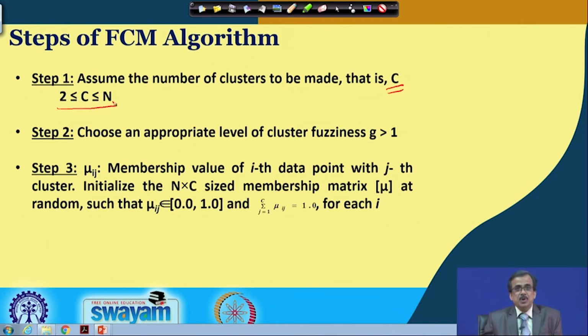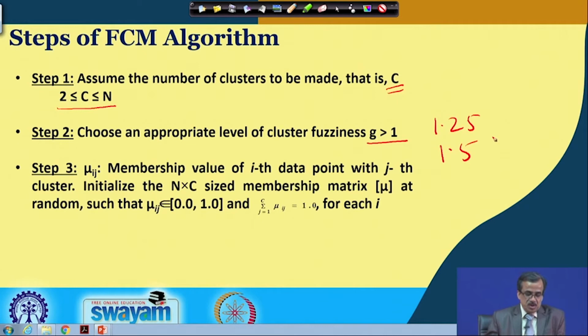Now, step 2, we select some appropriate level for cluster fuzziness, and this is nothing but g. Generally, it is considered g is greater than 1. For example, it could be say 1.25, 1.5 and so on.